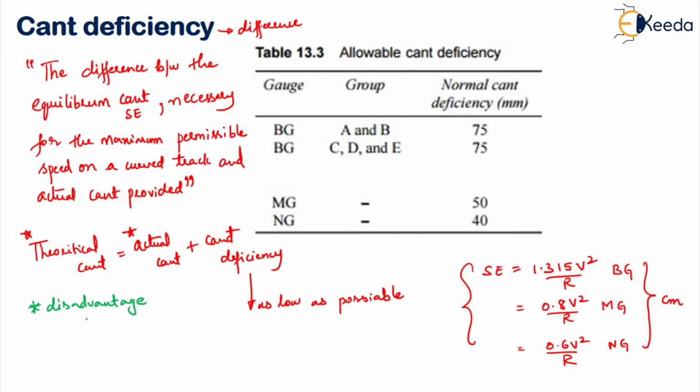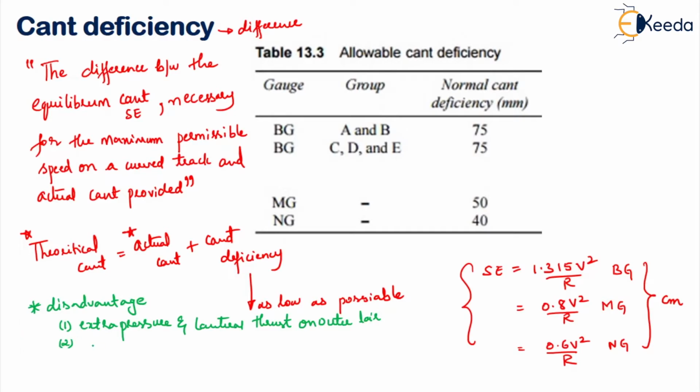Out of them, the major one being, so the first one is, if higher cant deficiency is there, it will result in extra pressure and lateral thrust on your outer rail, especially on your outer rail. Now what will happen because of this? This will require strong track and more fastenings to make it suitable. So that is one disadvantage.